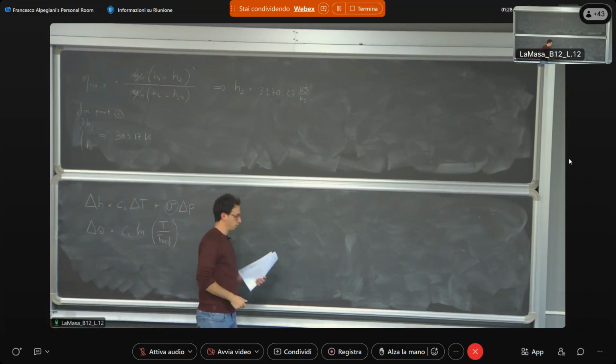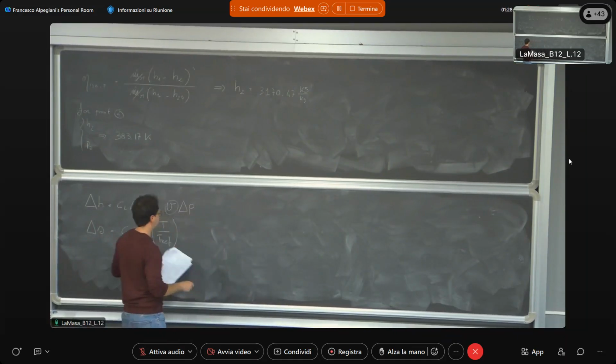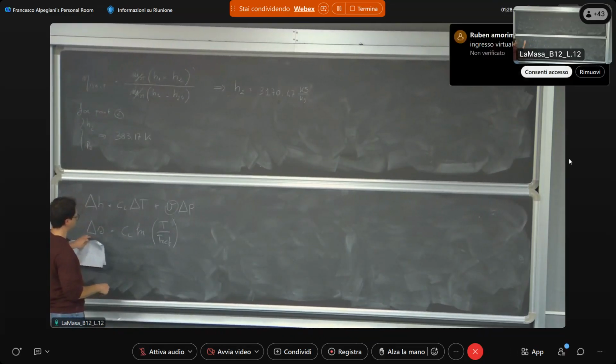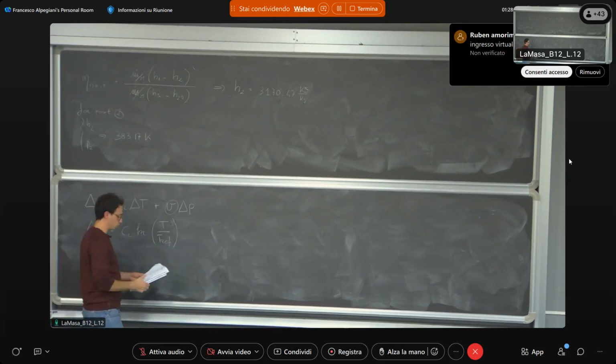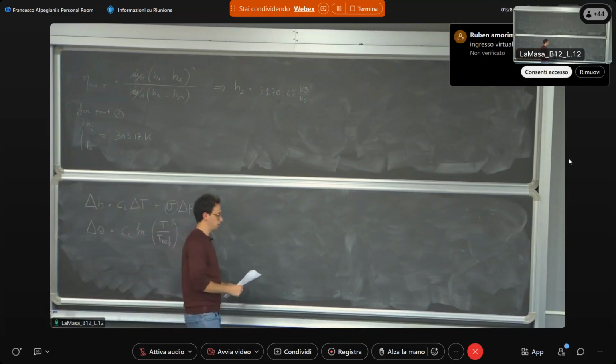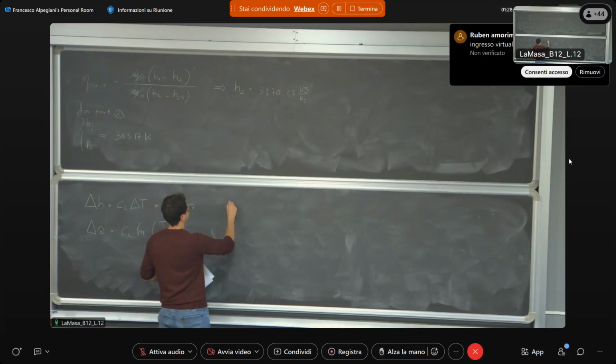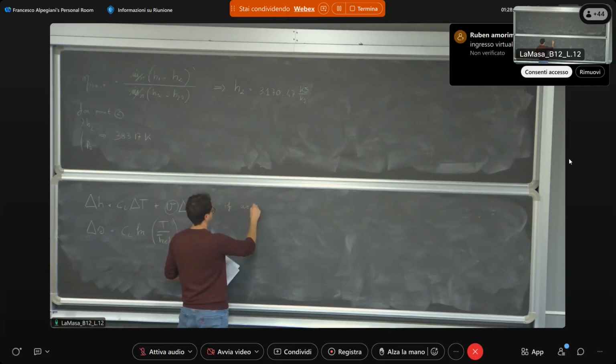If we consider an ideal case, what happens is that the delta S, as in the case we have seen before, will be equal to 0. That means that the temperature does not change along the compression of the liquid in the pump.